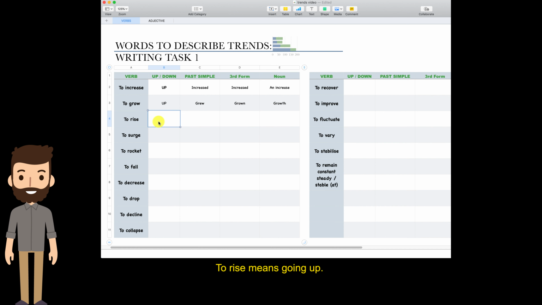To rise means going up. Past simple would be rose. Third form, risen. And noun form would be a rise. Two different words, the article, and rise.